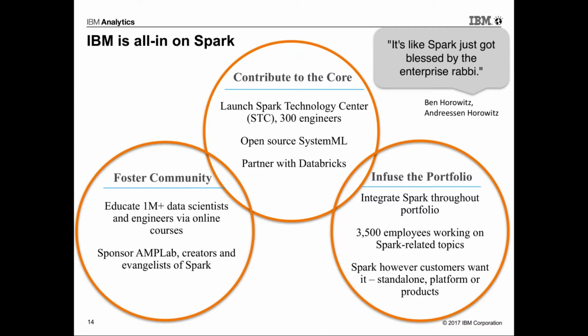IBM has also just contributed its machine learning code in SystemML to the Spark project, and Databricks, the inventors of Spark, is a strategic partner with IBM. In fact, outside of Databricks, IBM has the greatest number of committers and contributions to the Spark project.